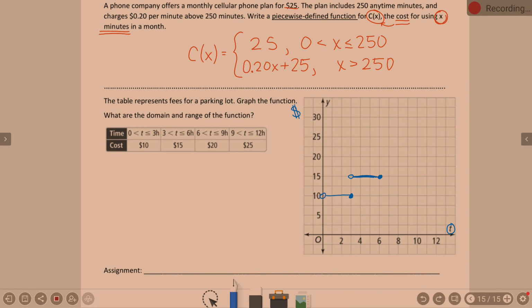Can you keep going? Go up to 20. That goes from 6 to 9 on the 20 line. It's not equal at 6. It is equal at 9. And then, if you're there all day, you're going to pay 25.